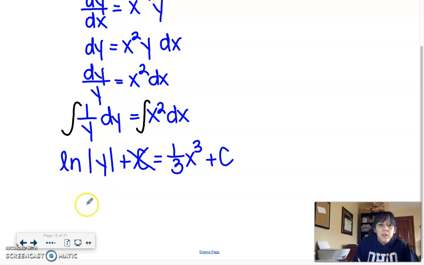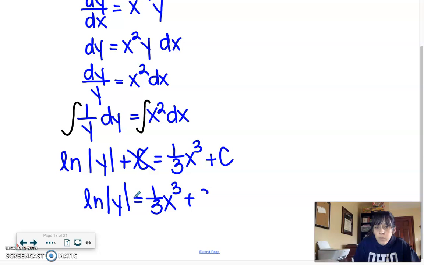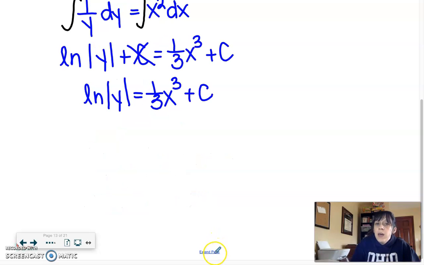Okay, this one's fun because we've got ln. Here we go. Is there a way to get y out of this equation? Yes. It is called the logarithm song. Do you remember the logarithm song? Take the base and make it the base. So the base of ln is e.